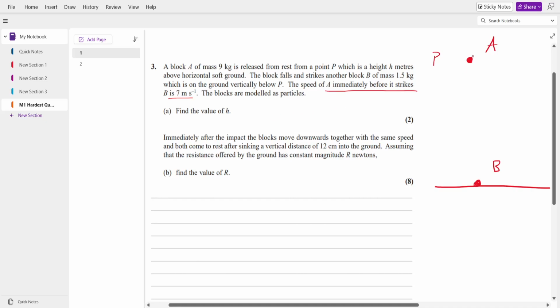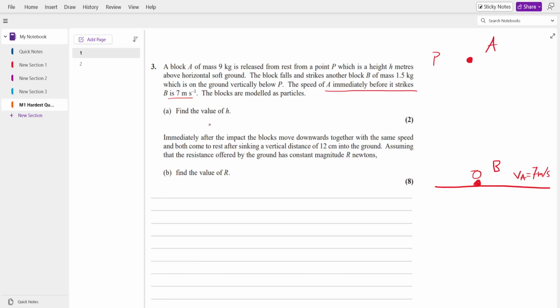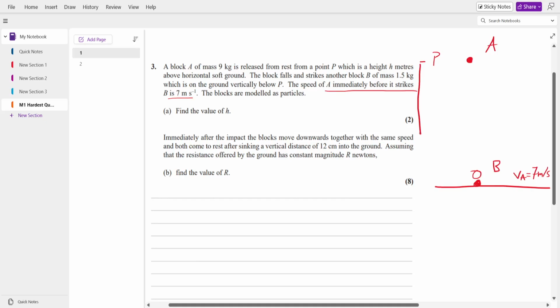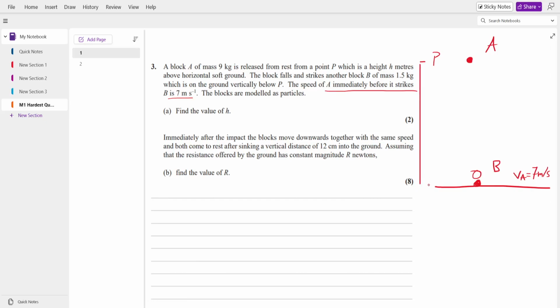So this block is left to fall, and its velocity just before it strikes B, let's call it VA, equals 7 meters per second. And the first question tells me to find the value of H. So this is H over here.